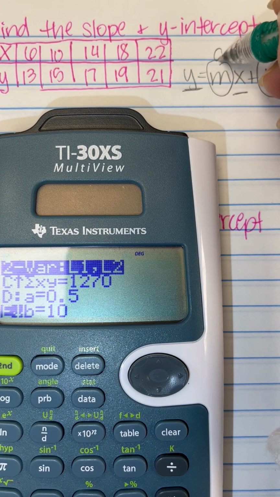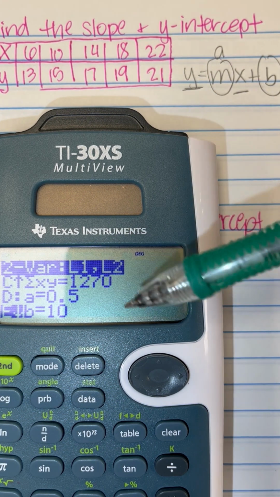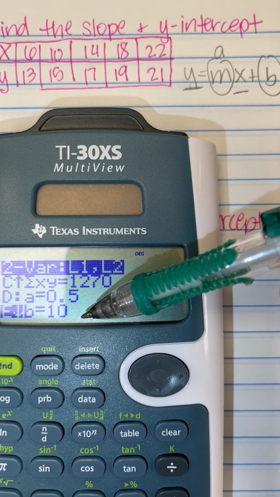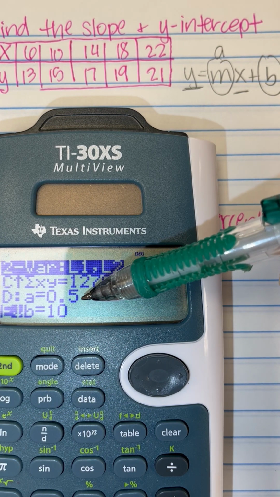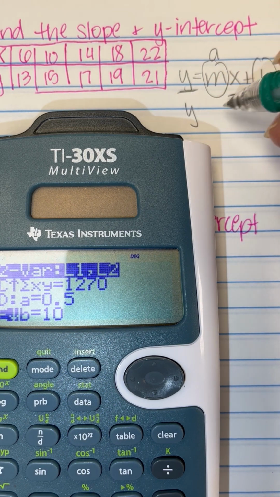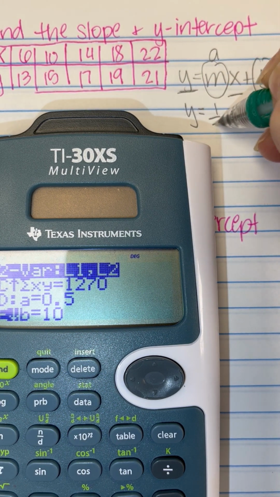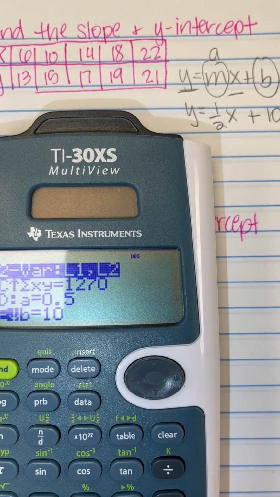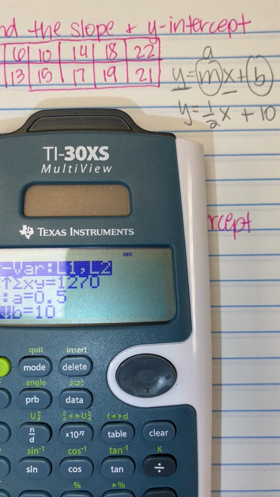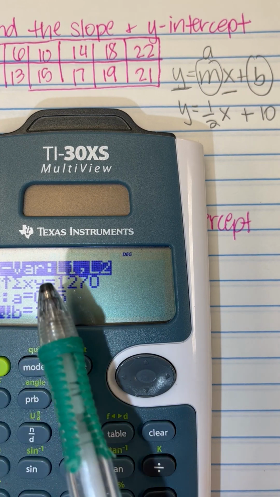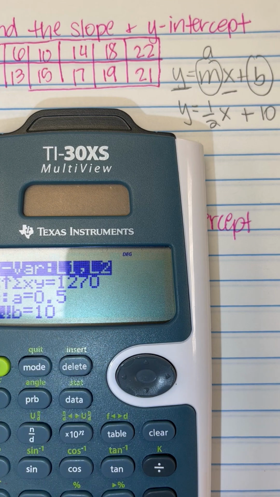They say M is A. So your A, that's your slope. Your B, there's your y-intercept right there. This 0.5 is really 1/2, but this is your equation. Y equals 1/2 x plus 10. It did it for you. You don't have to do any of the work. So: data, second data, scroll down till you get your A and B.